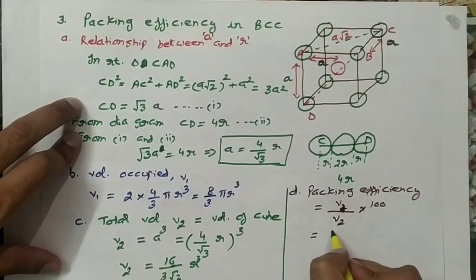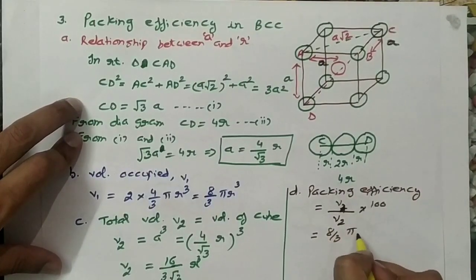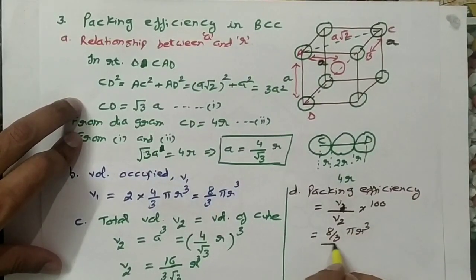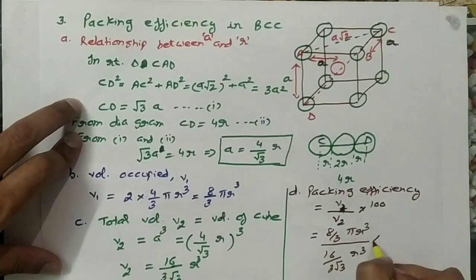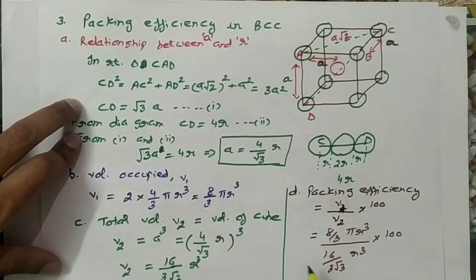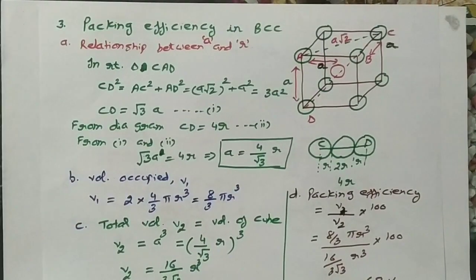V1 is 8 upon 3 pi r cube upon 16 upon 3 root 3 r cube, into 100. When you solve this, answer comes out to be approximately 68%.